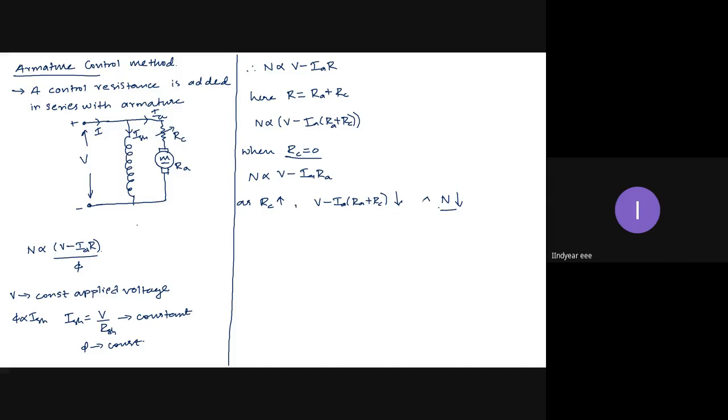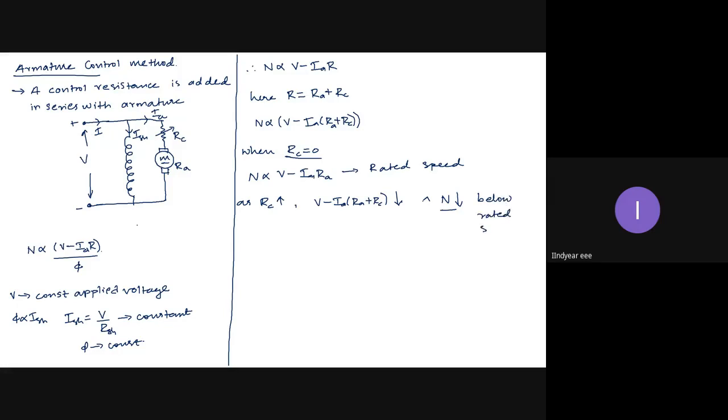So when control resistance is increased, my back EMF in the armature decreases, therefore speed decreases. When Rc is equal to 0, N is proportional to V minus Ia Ra, it is the rated speed. As Rc increases, V minus Ia (Ra plus Rc) decreases, therefore speed decreases. That is below rated speed.